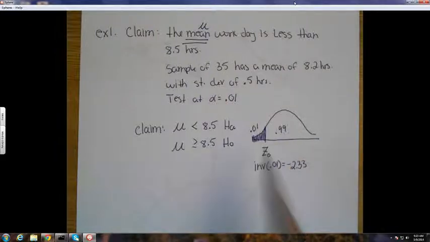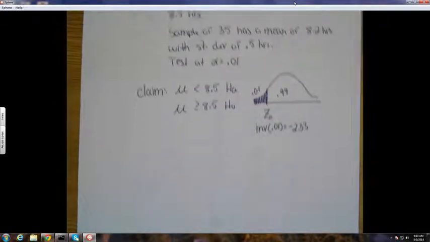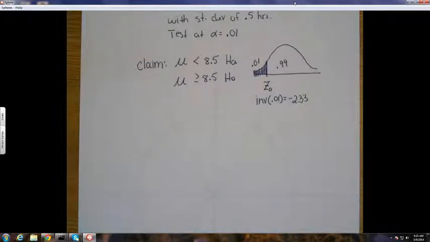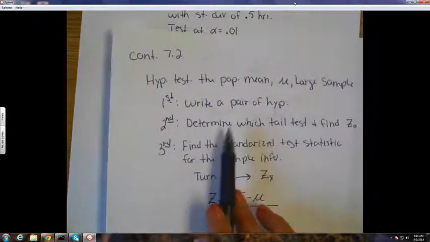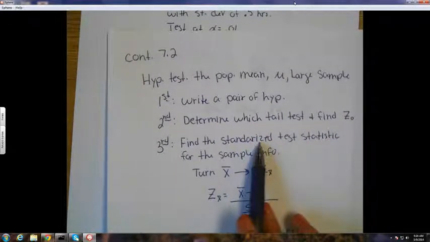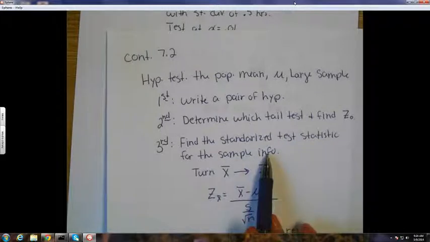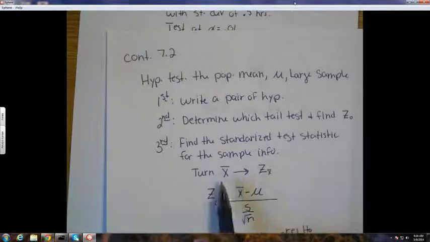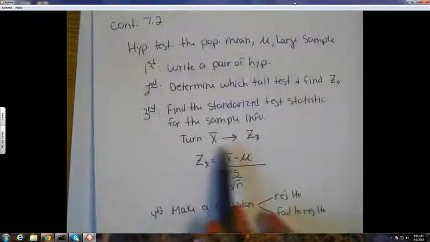Okay, the next step, we're on the third step. I'll put it back under here real quick. So, we wrote the pair of hypotheses, we determined the tail and found the critical z. Now we've got to find the standardized test statistic for the sample information. That means turn your sample mean into a z-score with this formula.